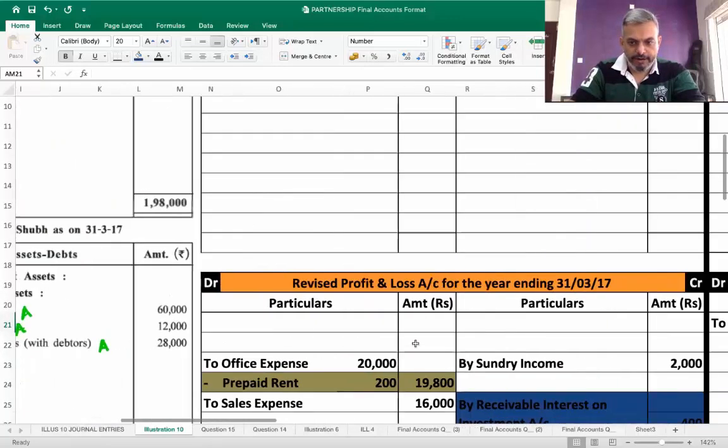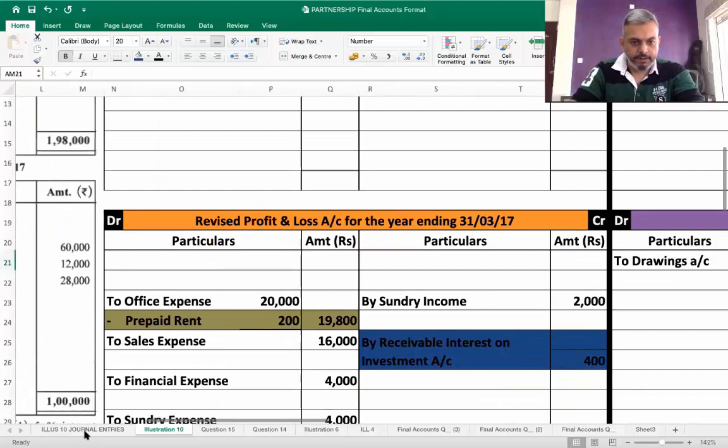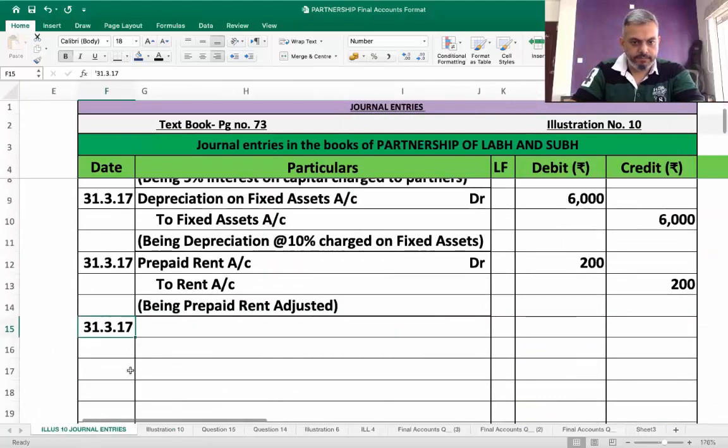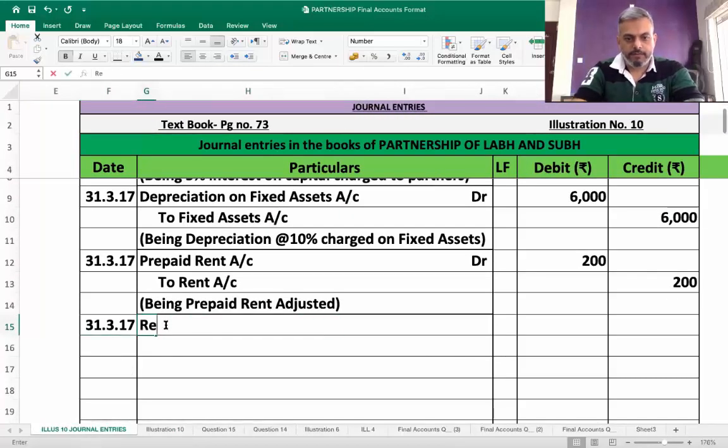Now go to journal entry. Receivable or outstanding, okay, you can write outstanding also.